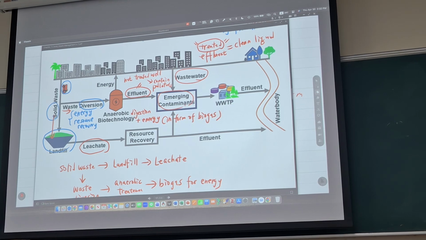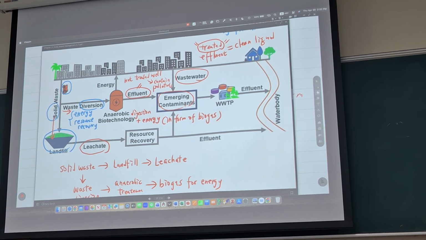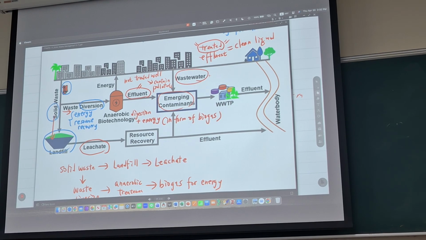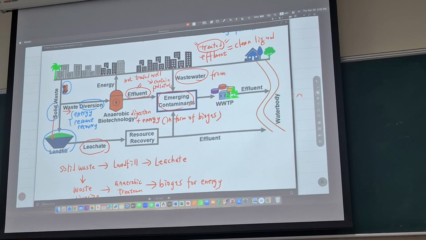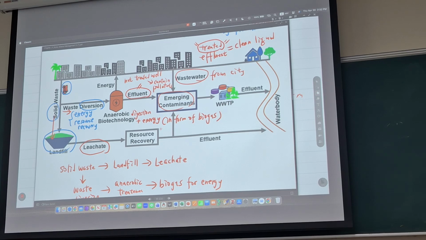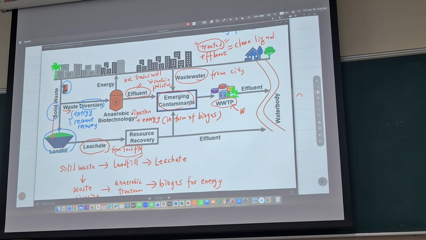So normally wastewater from cities and leachate from landfill go to the WWTP. This stands for wastewater treatment plant.